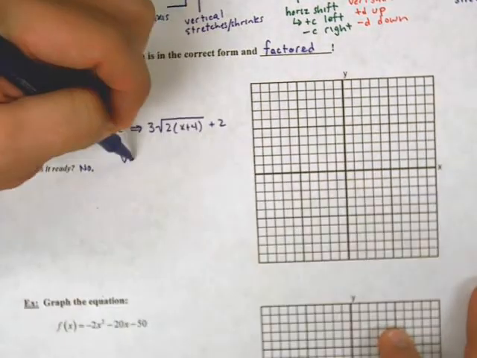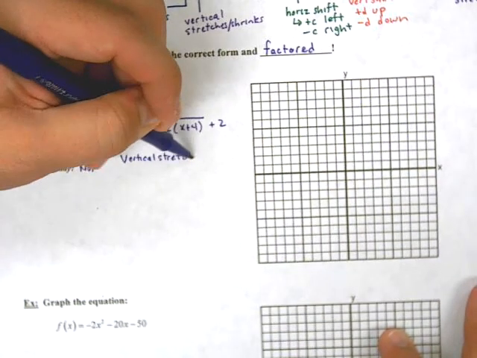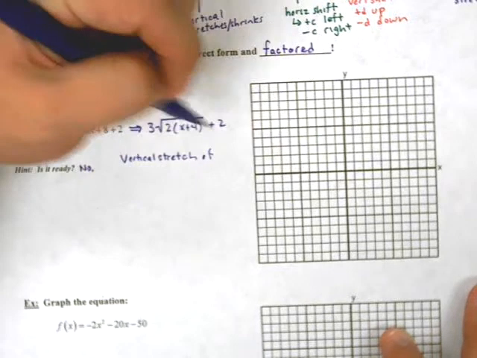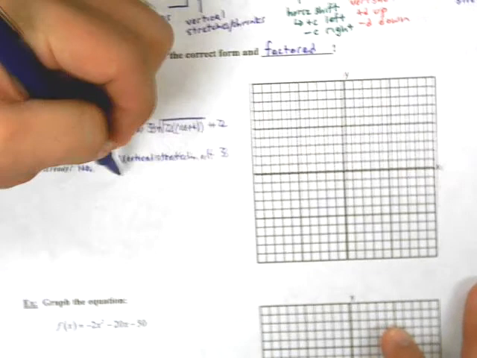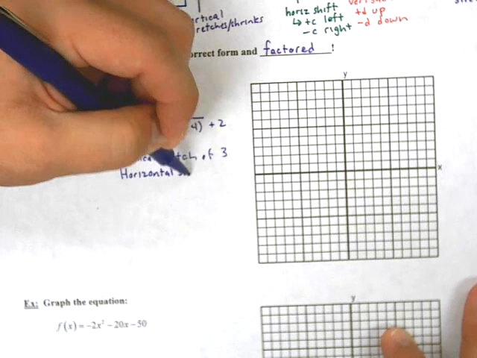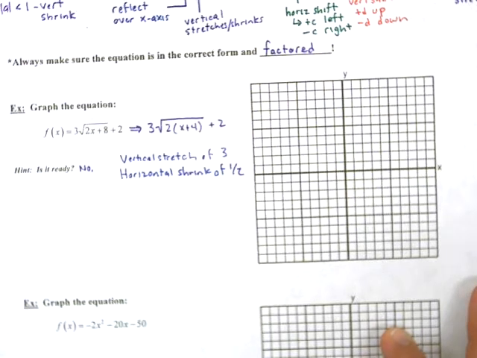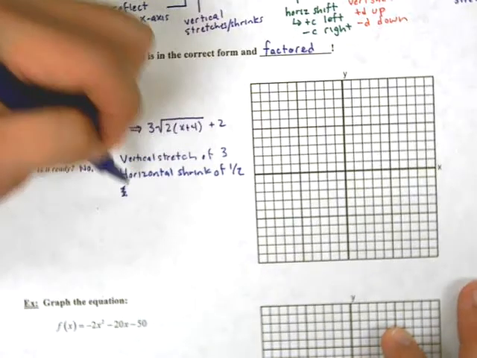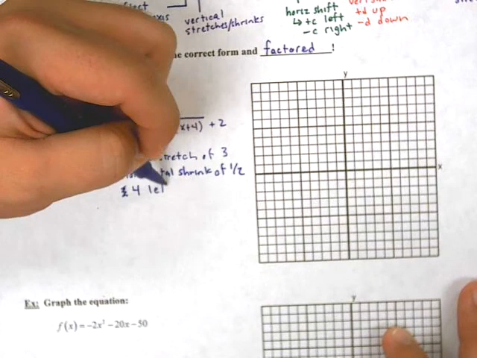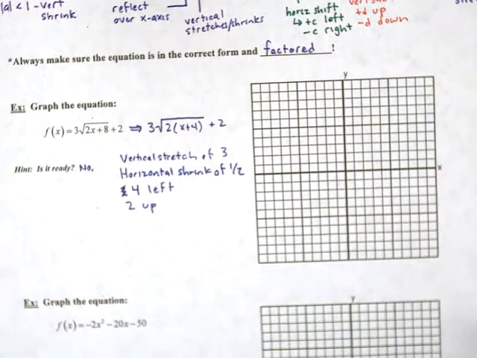I have a vertical stretch of 3. I have a horizontal shrink of 1/2. I have 4 to the left and also 2 up. Alright, so there are my 4 transformations.